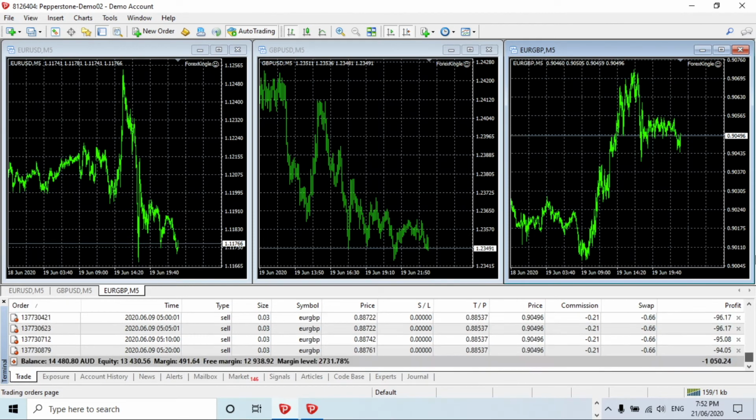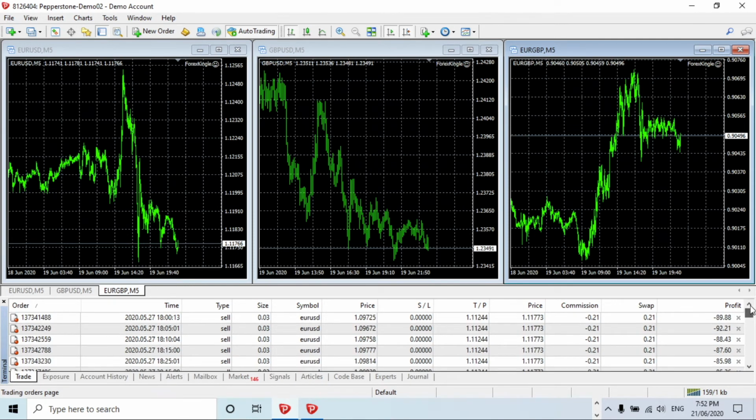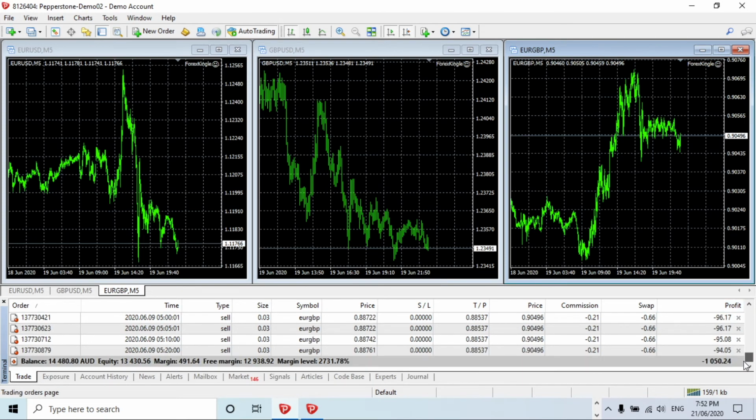This has been going since March, and it's been the longest running demo test I've had going ever. Demo accounts are supposed to stop with Pepperstone after a month, but for some reason this one's still going. So I'm very curious as to why that is, but it's been running awesome, and it's still going.